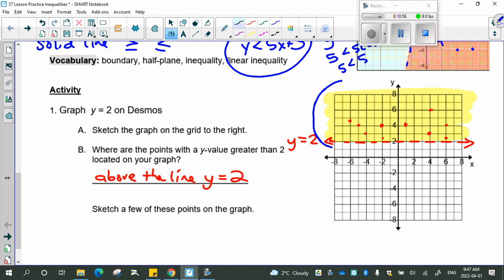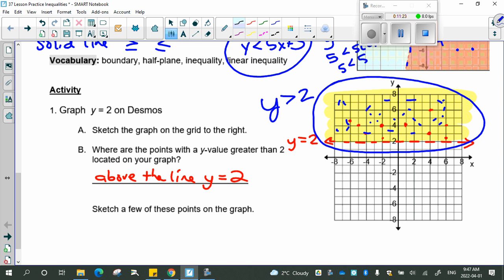And this represents the inequality y is greater than 2, strictly greater than 2. It includes all these points we drew on, as well as everything in between, like all these points that we didn't draw on. Okay, anything up here has a y value greater than 2.